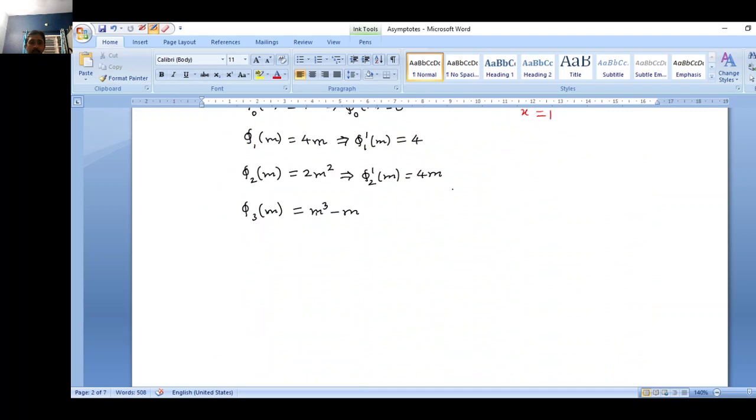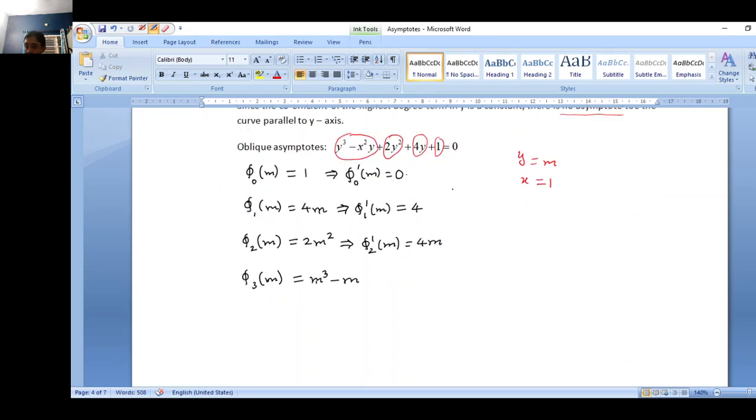So coming back to the problem, I was supposed to do one more thing here. Once we got phi 3 of m, we should find phi 3 dash of m. What is phi 3 dash of m? This is 3m square minus 1. Remember.